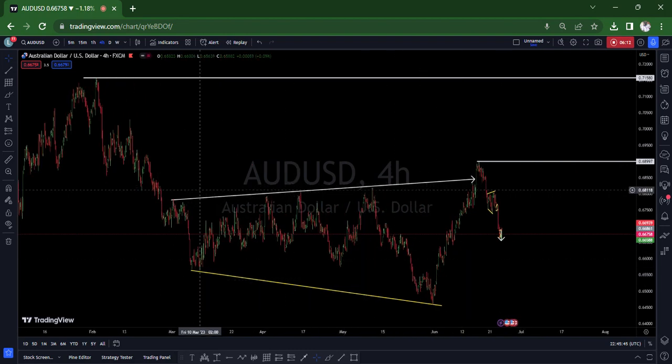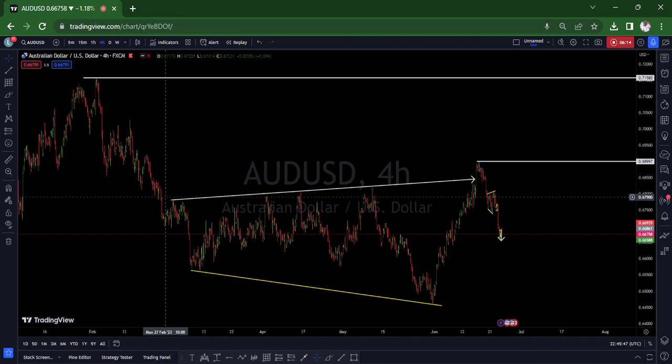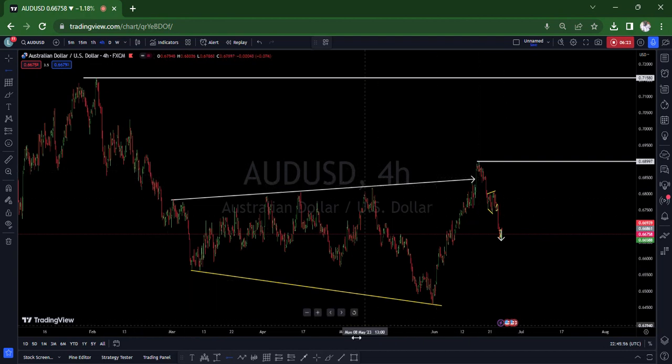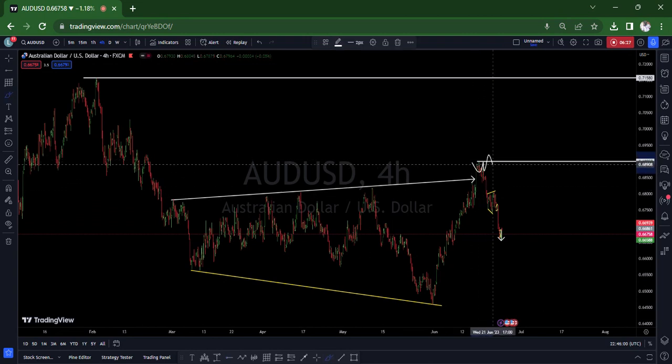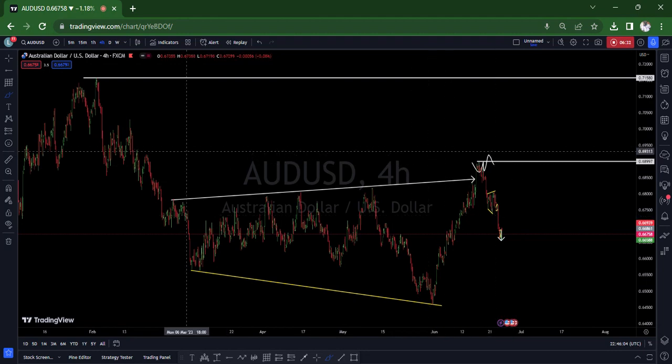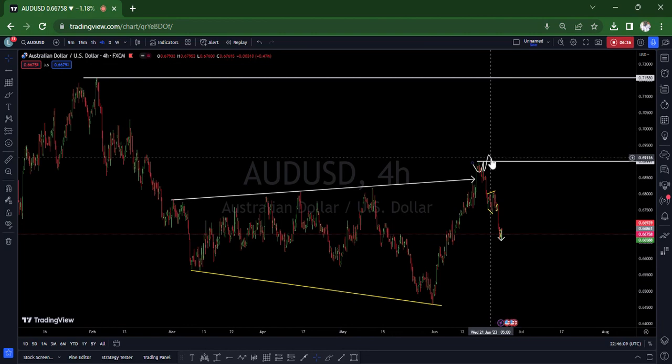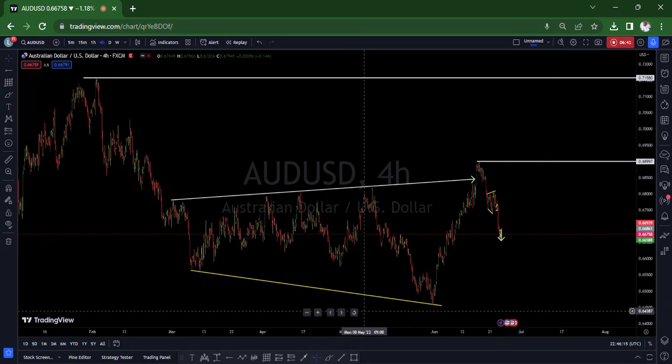It broke this area here, and it looked as if it wanted to continue buying to the upside, but now it's changed the trend and continued moving to the downside.